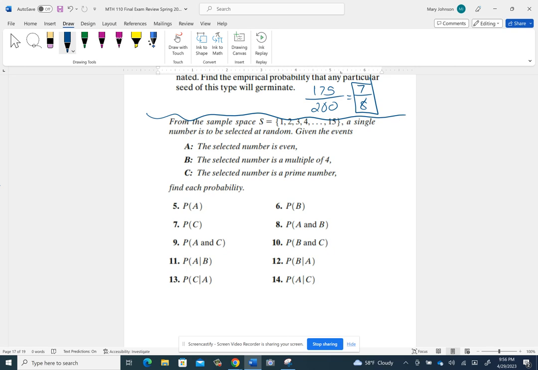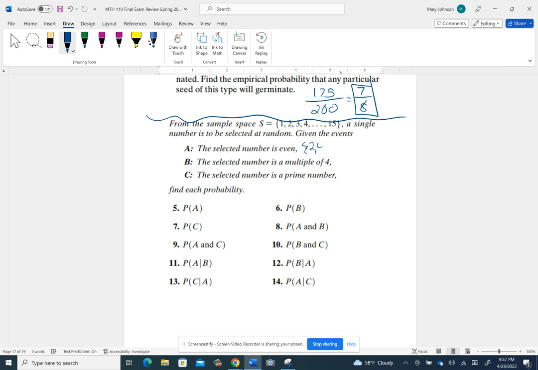B is the event that the selected number is a multiple of 4. So let's list those. Even would be 2, 4, 6, 8, 10, 12, and 14. A multiple of 4 has to be divisible by 4: 4 times 1, 4 times 2, 4 times 3. 4 times 4 is outside of the universal set, the sample space.